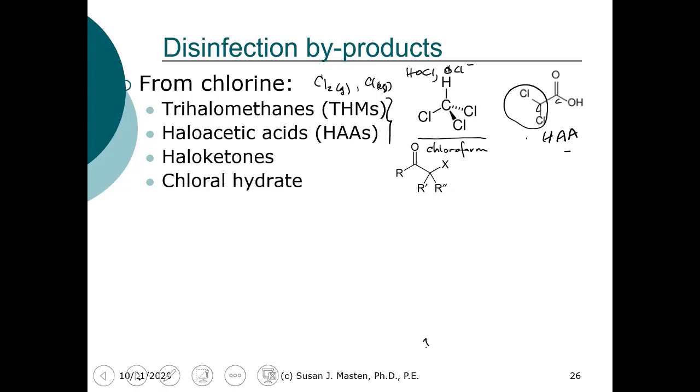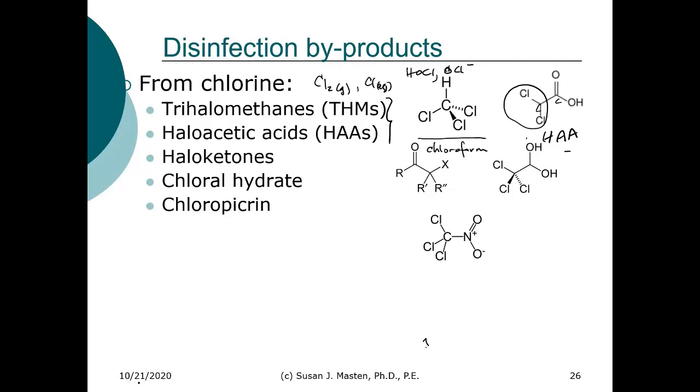Can form chlorohydrate. And this is the chlorohydrate. So again, we have C2, 3 chlorines, and in this case, we have 2 OH groups. Can form chloropicrin. Chloropicrin is regulated in much of Europe. It is not regulated in the United States. And it's a nitroso compound here with a carbon and 3 chlorines.